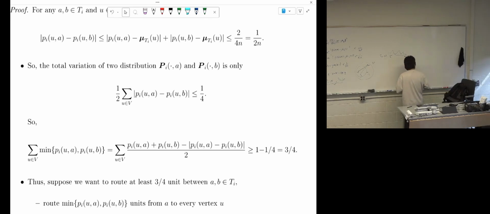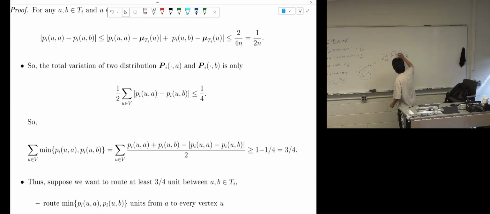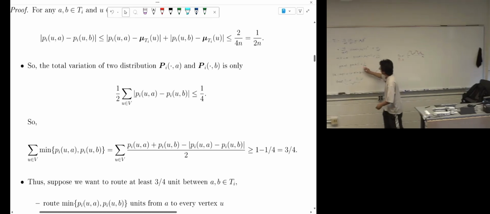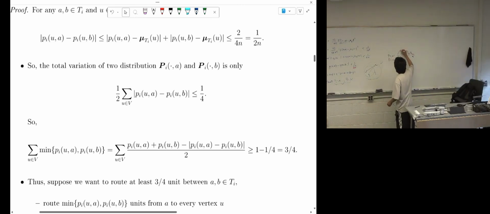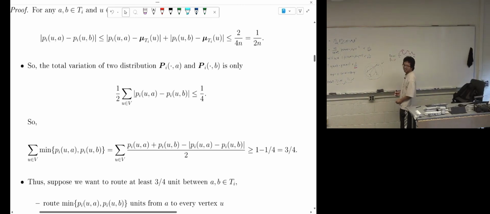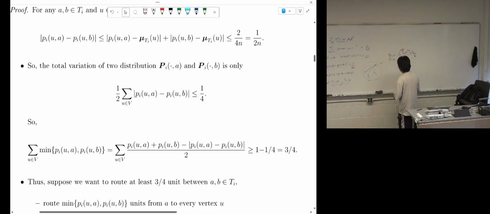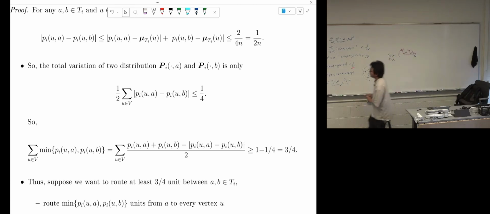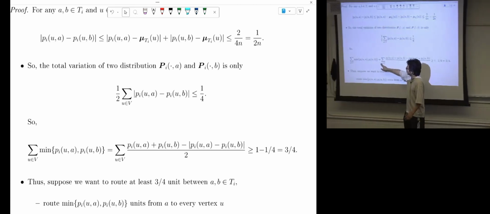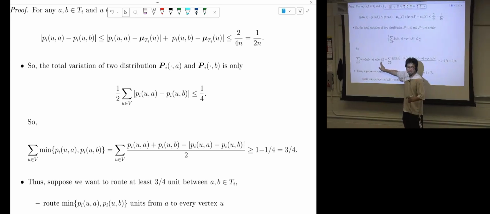And for the position of B, this is almost the same. Coordinate wise they deviate by at most something small. And what I want to compute here is just, coordinate wise, you take the minimum.